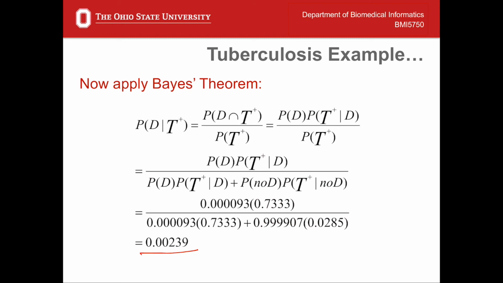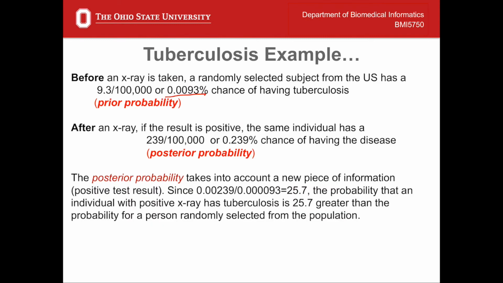Now let's summarize the TB example. Before an X-ray is taken, a randomly selected subject from the US has a 0.0093% chance of having TB. This is called the prior probability. After an X-ray, if the result is positive, the same individual has a 0.239% chance of having the disease.